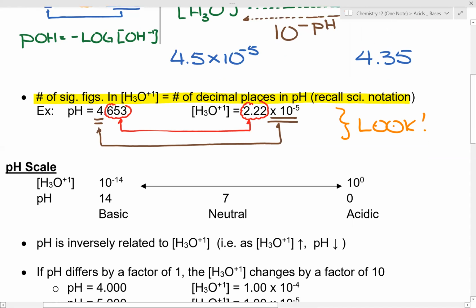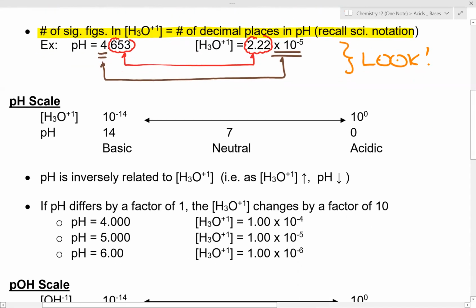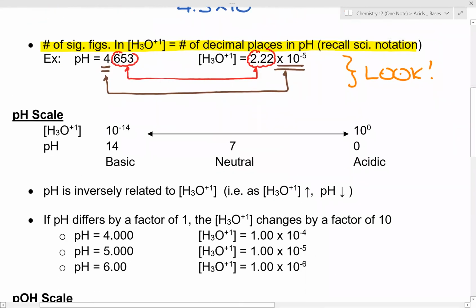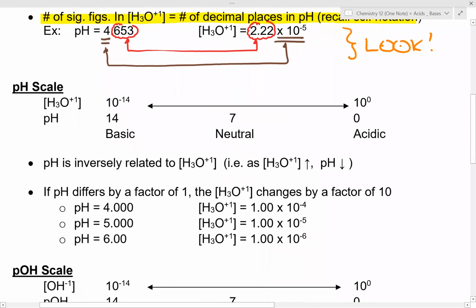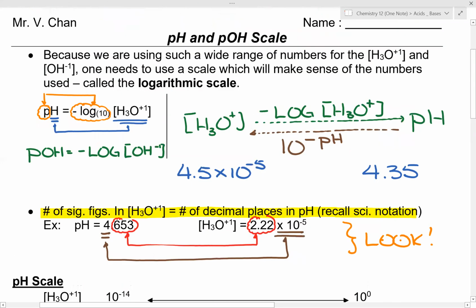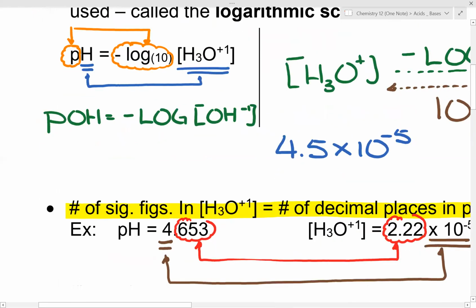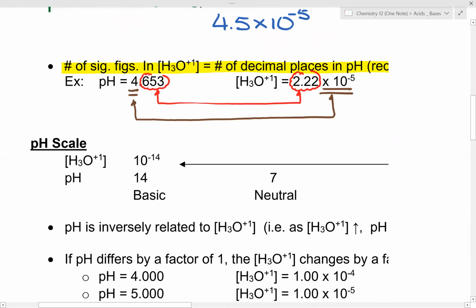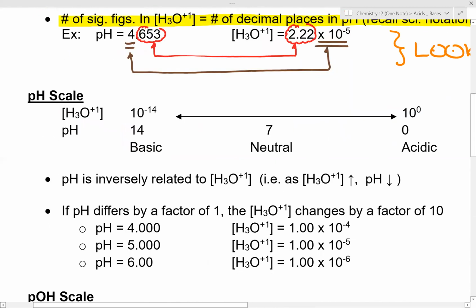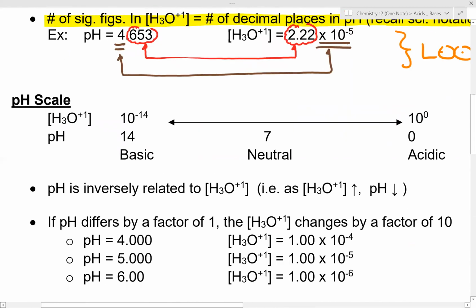Now, another thing with the pH scale is how it relates to the H3O plus. Because pH is the negative log base 10, when you take a look at the pH scale, you will notice that there is an inverse relationship between the pH and the H3O plus.